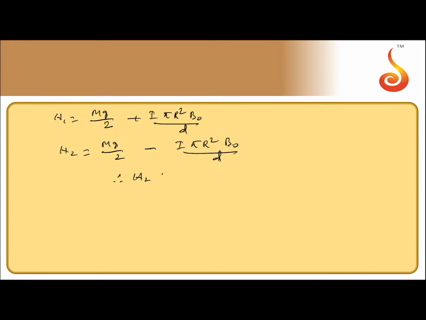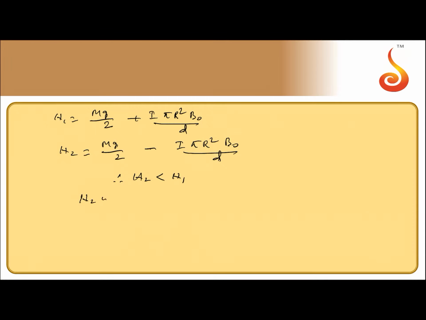So N1 will be equal to mg by 2 plus I pi r square B naught by d. N2 will be equal to mg by 2 minus I pi r square B naught by d. So clear that N2 is less than N1. So obviously N2 can become 0.